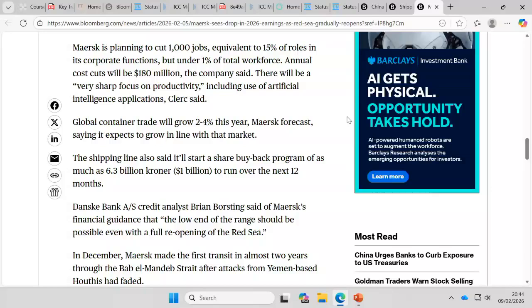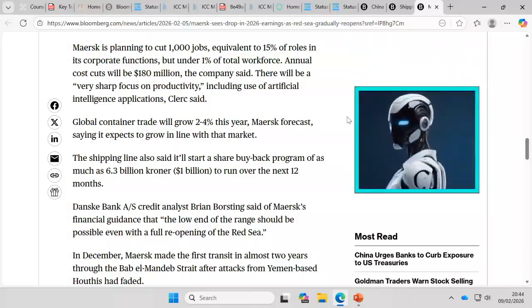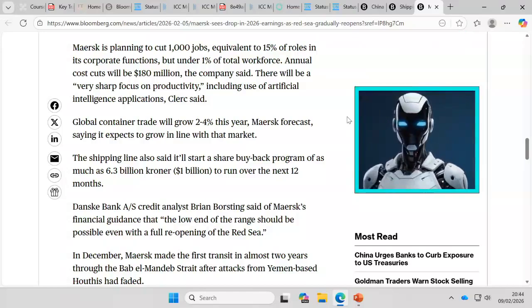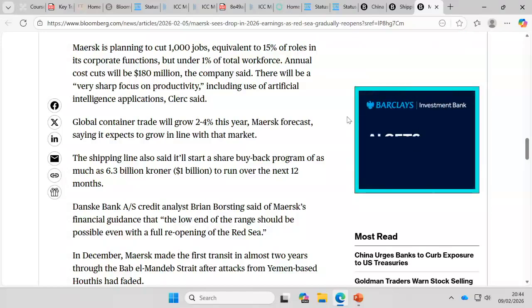And you're trying to essentially use big data on weather patterns, on fuel prices, on demand cycles to maximize the value that you get from each of your ships and to select in the best possible way the routes that those ships take.